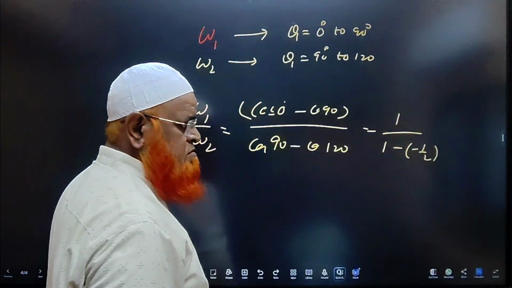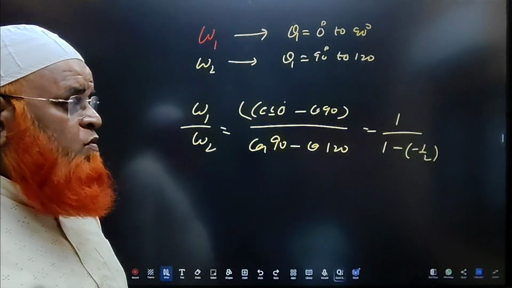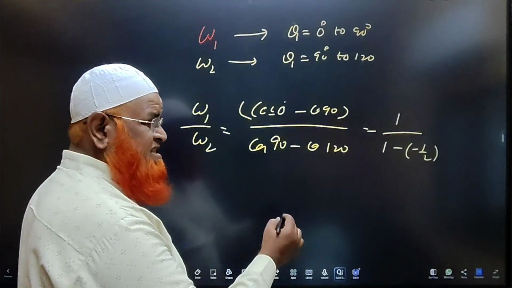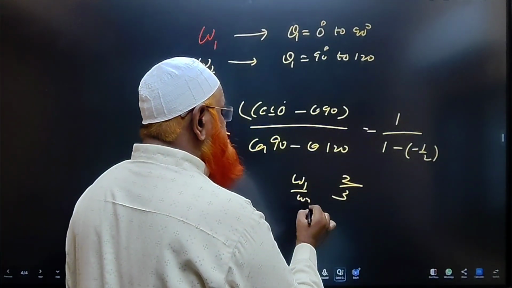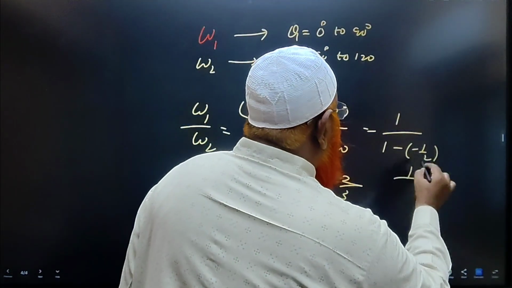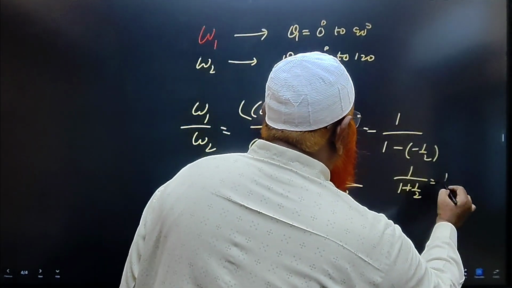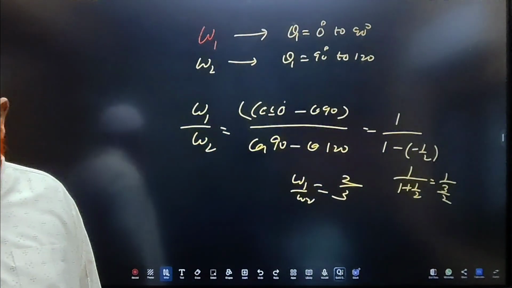Right or not? So 1 divided by 0 plus 1 by 2, which is 1 by 1 by 2... Taking it as 1 divided by 1 plus 1 by 2, which is 1 by 3 by 2, which is nothing but 2 by 3. That is going to be your ratio.